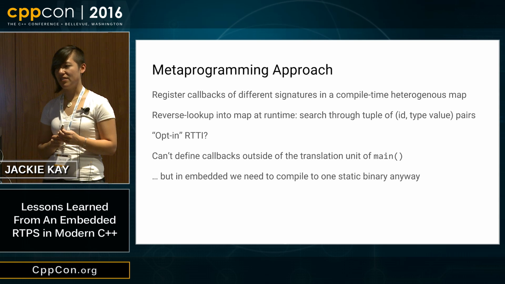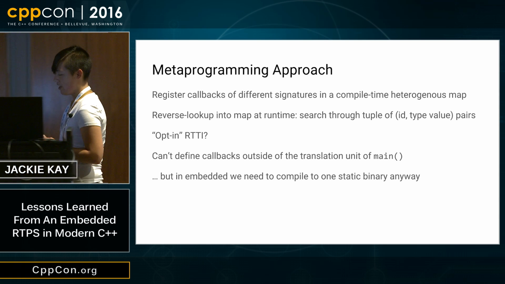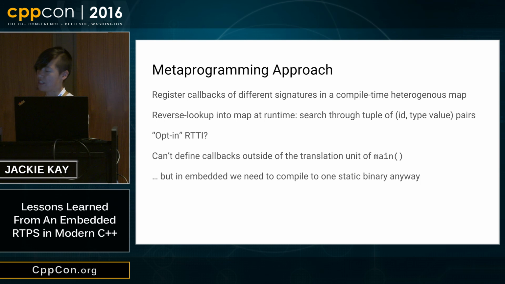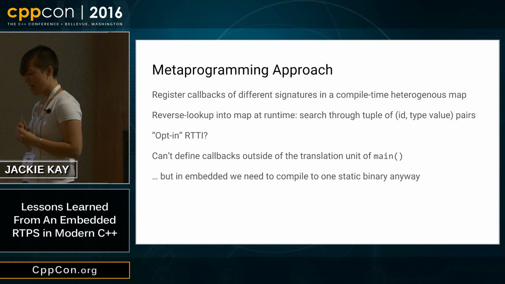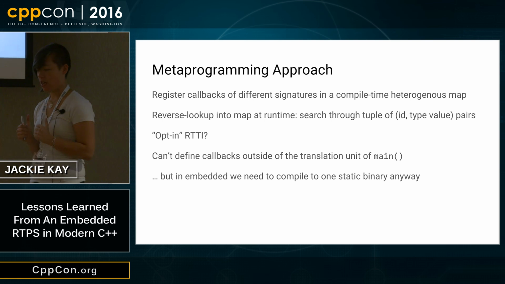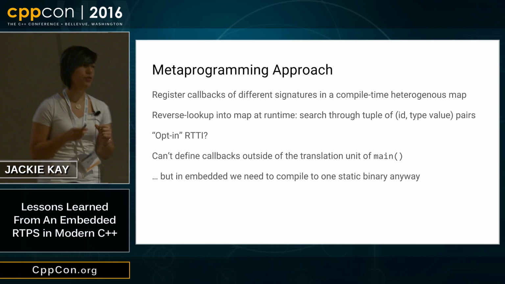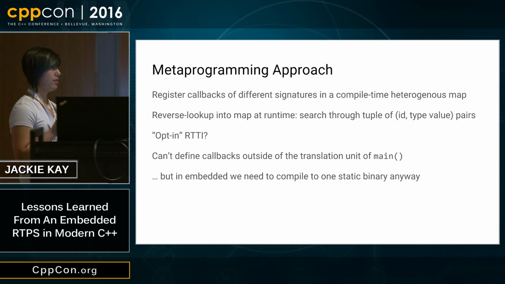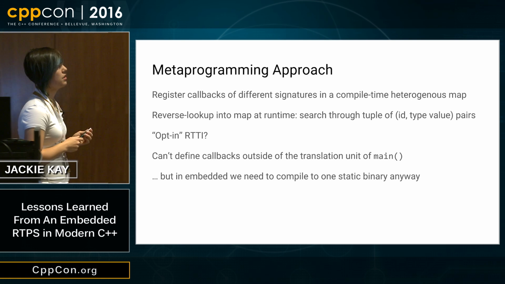There's a disadvantage of this, and we'll get more into the code. There's a disadvantage of this approach that you can't define the callback map that registers our callbacks in a separate translation unit from where the user will register the callbacks.